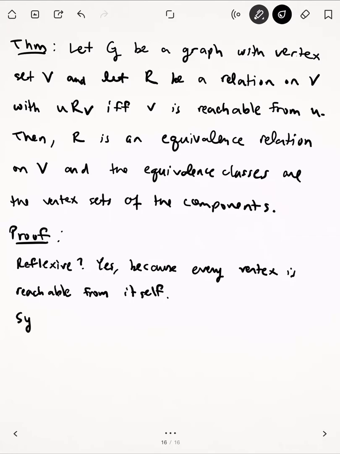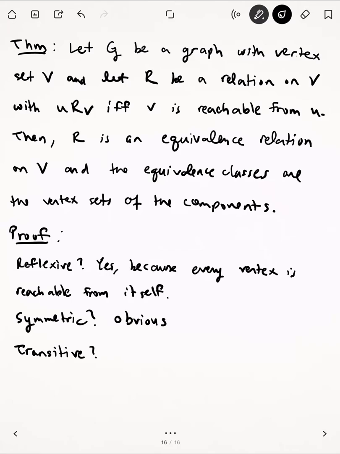So symmetric, I'm not going to prove symmetry, I want you to think about it, but this is pretty obvious. And transitive, this is also obvious.